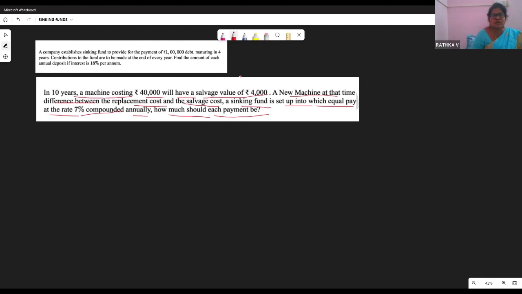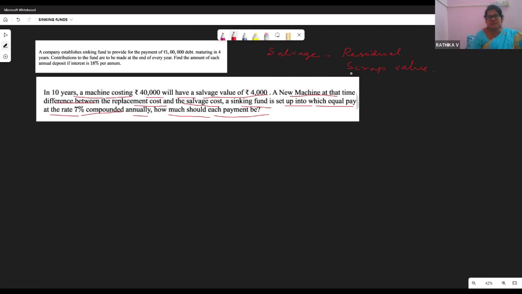What is the meaning of salvage value? I have to explain. It may be called salvage value, residual value, or scrap value. We use the machine for a particular period, and the value of the machine after some usage, at the end of some years, we can sell it.